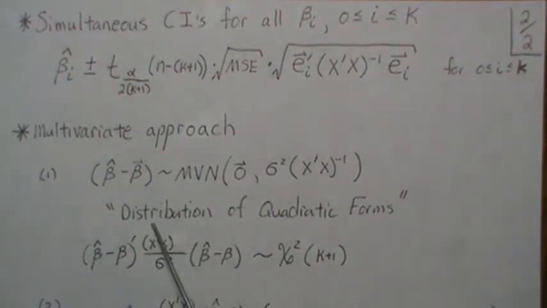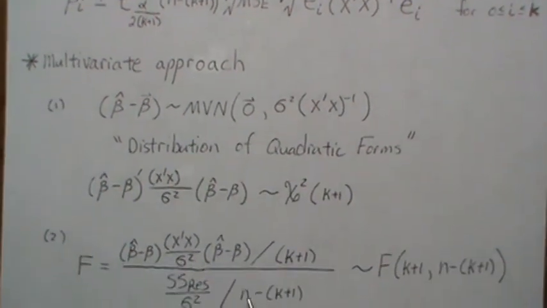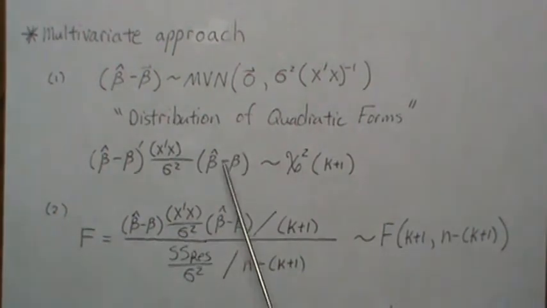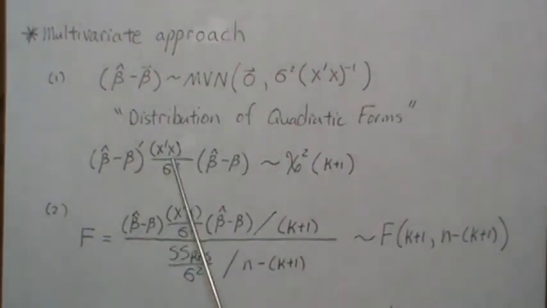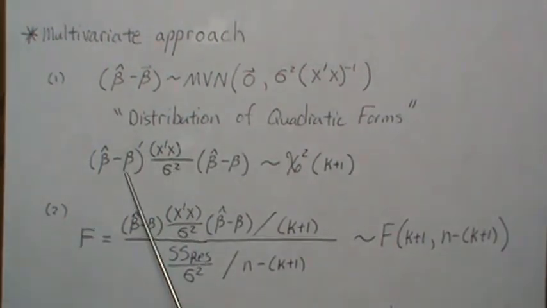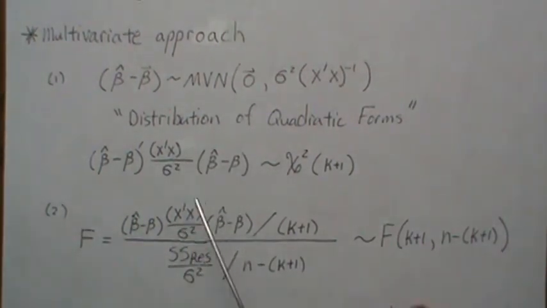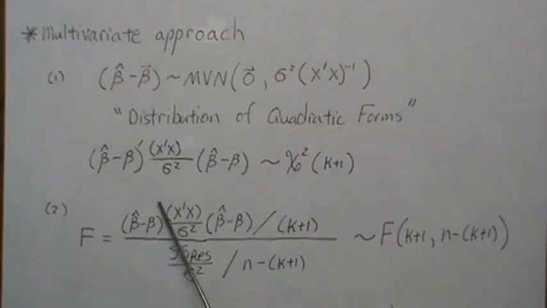And then watching these videos, you can instantly know that that's a chi-squared with k plus 1 degrees of freedom. K plus 1 is the rank of this matrix here. And since X transpose X is a k plus 1 by k plus 1 matrix and it's invertible, we know it has k plus 1 degrees of freedom. So now we use this and create an F distribution, mainly because we don't know sigma squared. If we knew sigma squared, then we could isolate the beta and create some sort of interval to estimate beta.